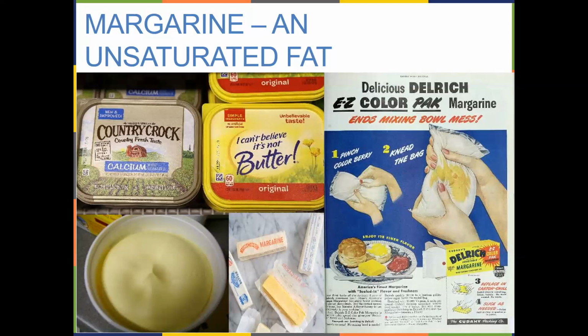How often do you have biscuits made with shortening or with animal fat? How often do you have butter on your potato? How often do you have margarine on your potato? It all comes down to moderation. Because there aren't many food types that anybody would ever consider to be completely and unadulteratedly bad for you. It has to come down to how often you eat it and how much you eat at a time.